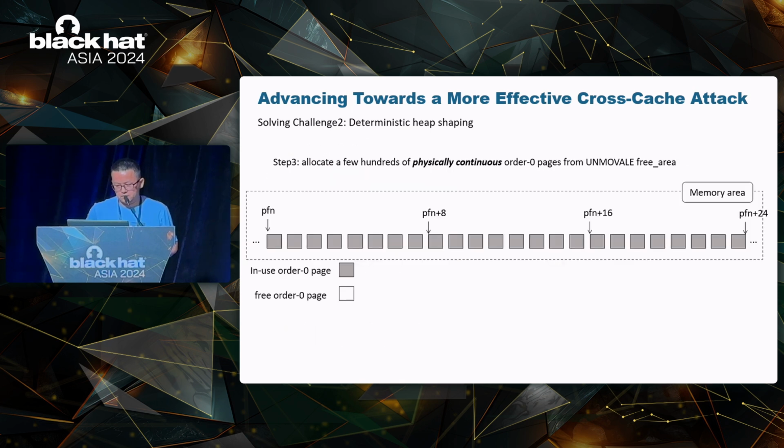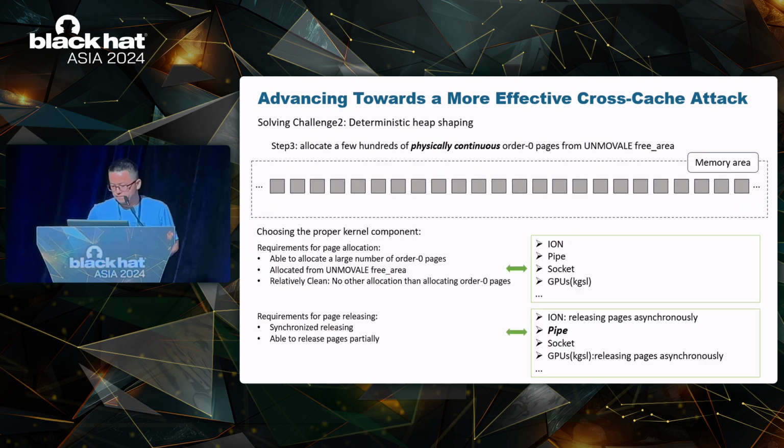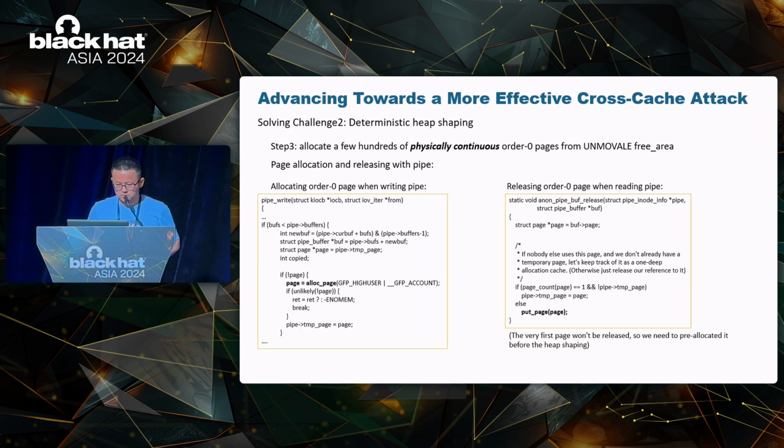Step 3, allocate a few hundreds of physically continuous order 0 pages from unmovable free area, just like this. Well, we still use pipe to allocate these order 0 pages. And here are some details for how to allocate order 0 pages with pipe.